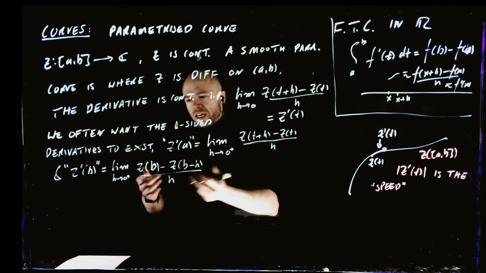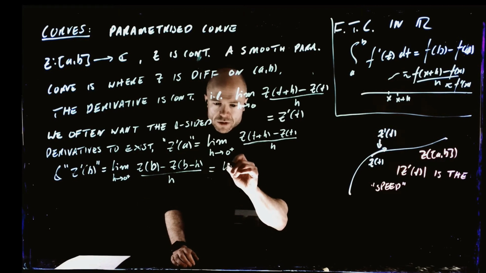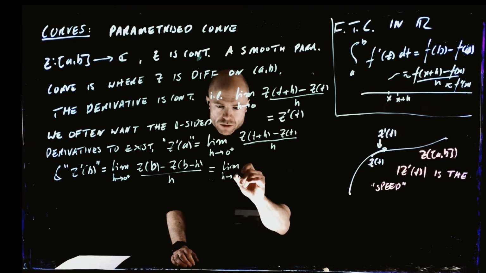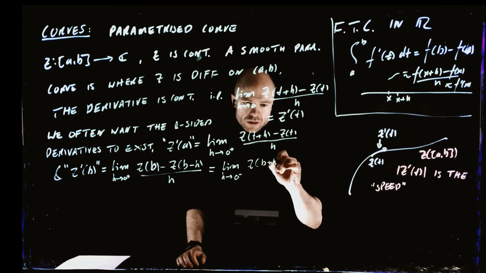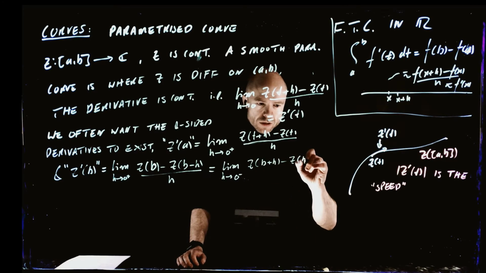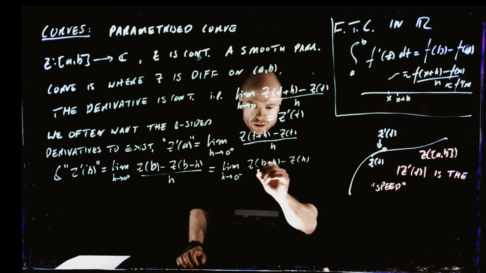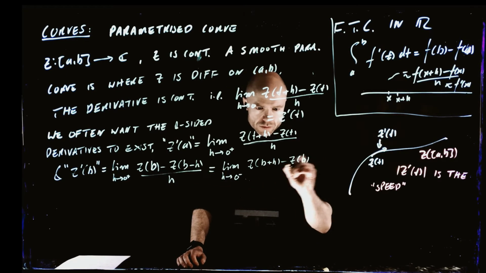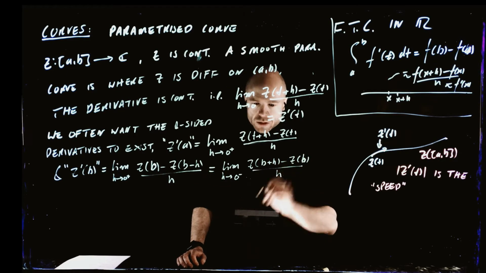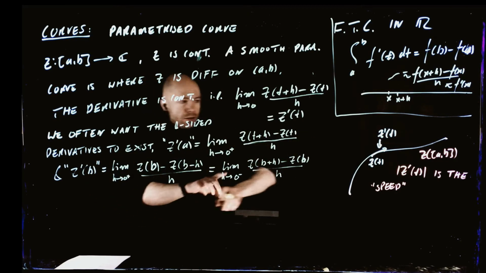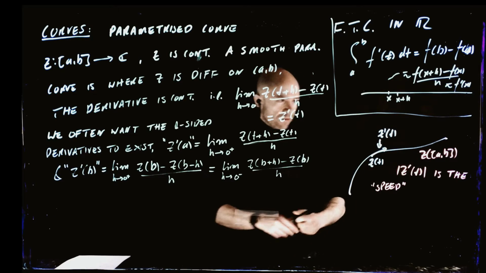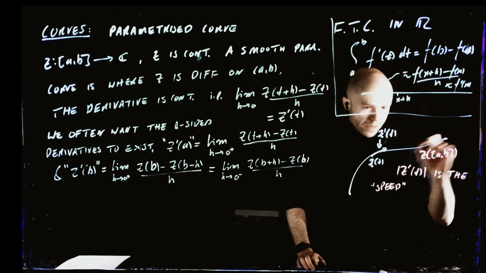And this is also the same as the limit as h goes to 0 from below of z of b plus h minus z of b, over h. But I prefer to write it like this. So these are one-sided limits that we want to have. So then there is some kind of a tangent here and here.